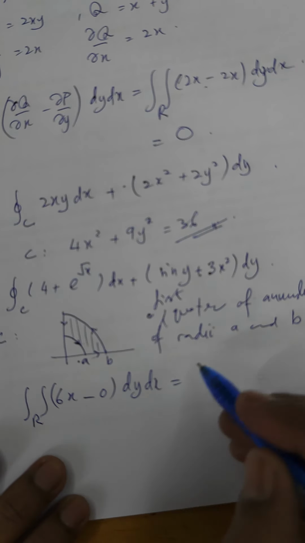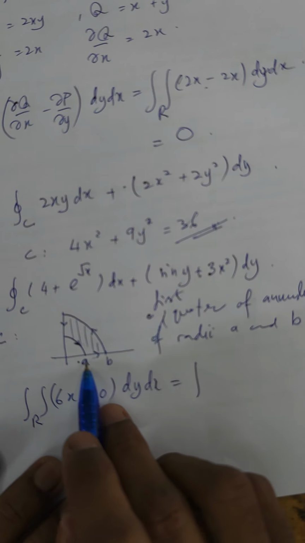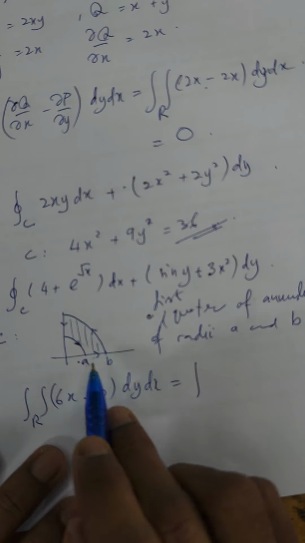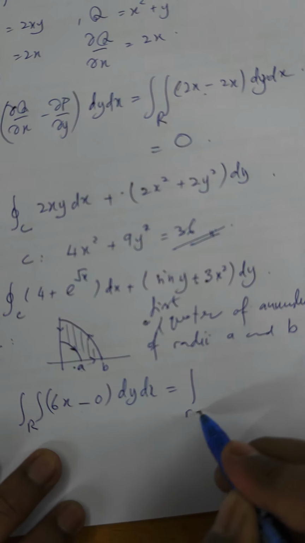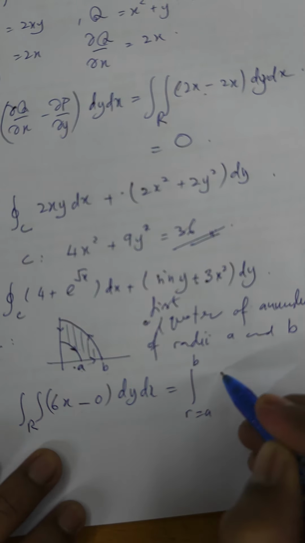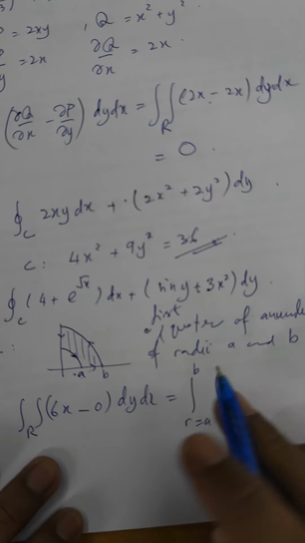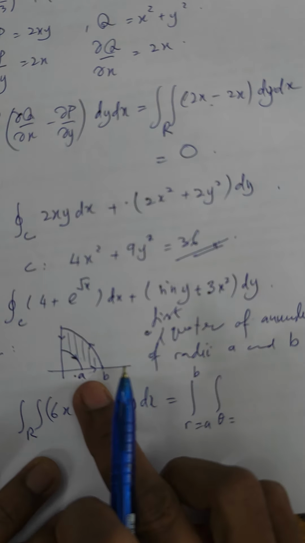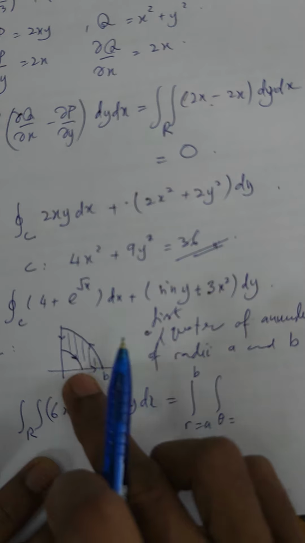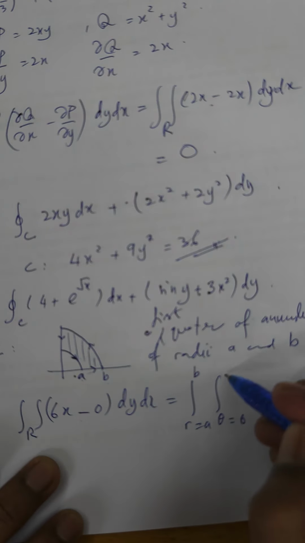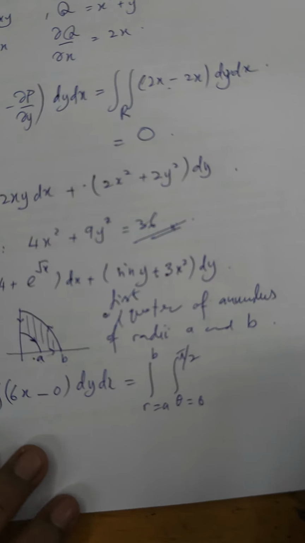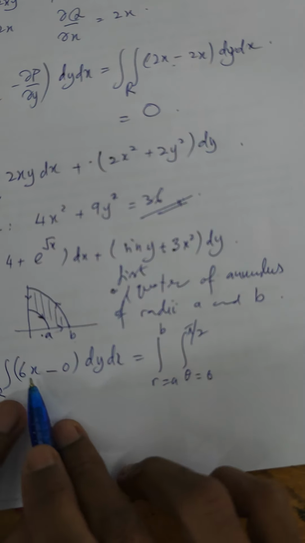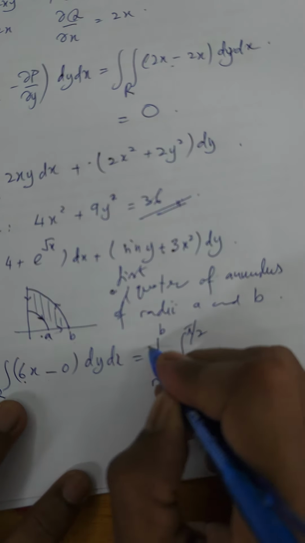So in this case we integrate r from A to B, and theta from 0 to pi over 2, since this is a quarter. Then 6 is just a constant, I can take out 6.